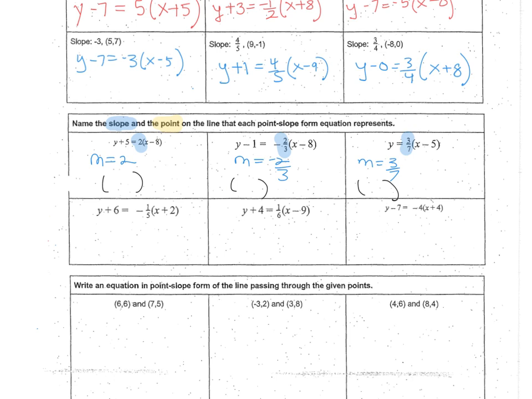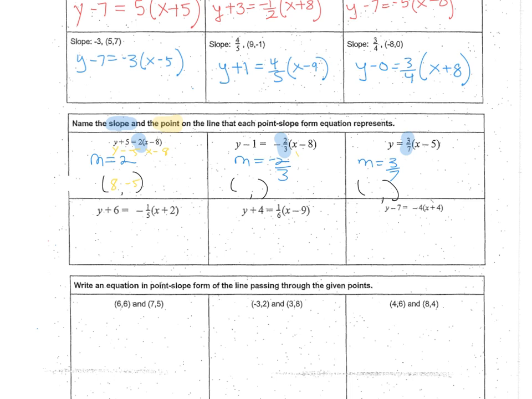Now, the ordered pair is sometimes a little trickier, and that really is dependent upon whether we have a positive coordinate or a negative coordinate. Here is x minus the x coordinate, so the x coordinate here was 8, and y minus the y coordinate. So the y coordinate here had to be a -5, because that minus a -5 would turn into a positive.